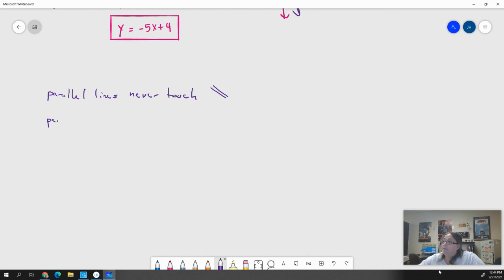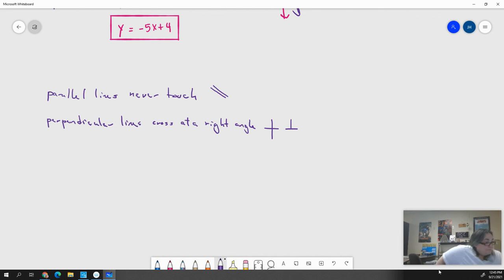Perpendicular lines cross at a right angle. Right? So you'll see them sometimes written like this. Usually the symbol for perpendicular is like that. Just that upside down T is usually the symbol for perpendicular lines.